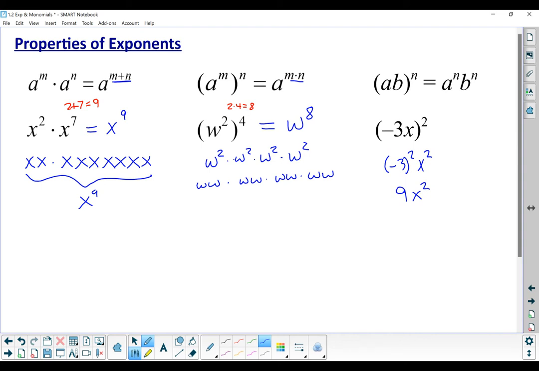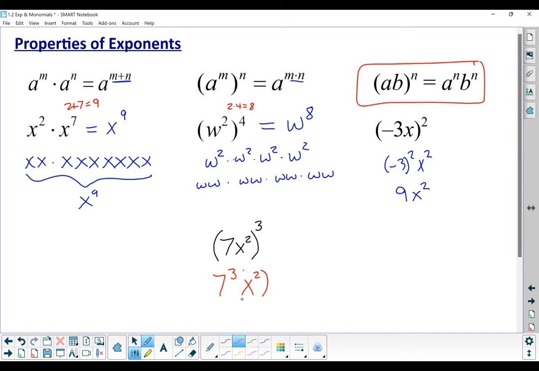Sometimes you'll have problems that are a fusion of those two rules. For example, if we had 7x squared raised to the third power, we would use the rule where we apply that third power to both parts of the base.